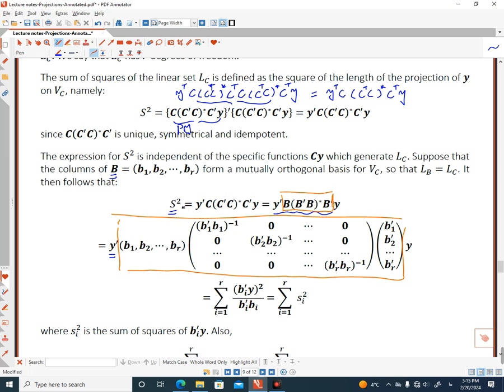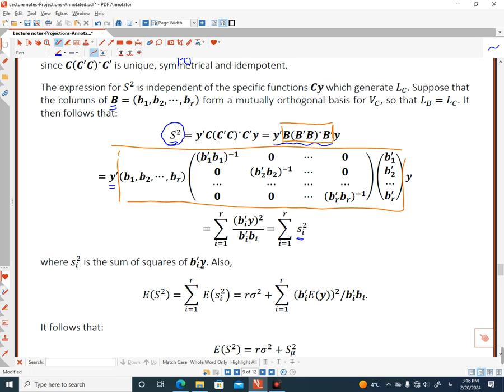I can then write S squared, the square length of the projection of Y on VC, as the sum of the small s_i, which are the squared lengths of the projection of Y on C. And this is also at the same time the sum of squares of B prime Y. So we could make a connection between the projection which works on the set, and the projection which works on the columns of the matrix.